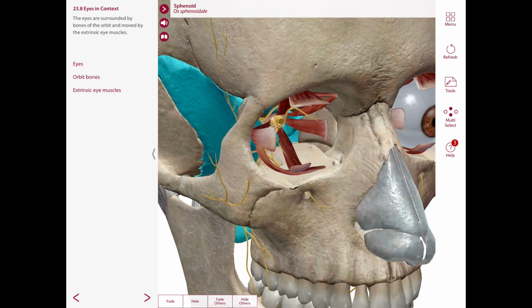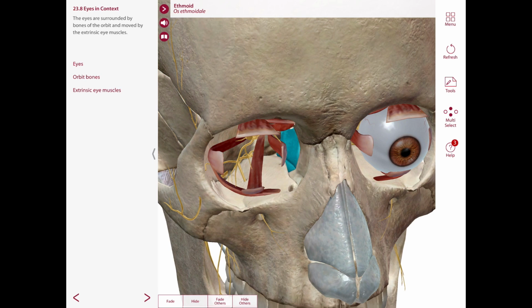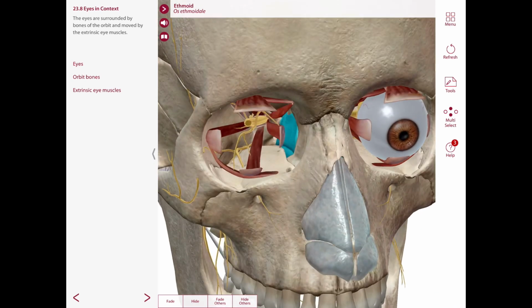Posteriorly, we have the sphenoid bone. And there's also the ethmoid bone and part of the palatine bone, which I cannot mark here, but it's there. A bone that is not forming part of the orbit is the nasal bone.